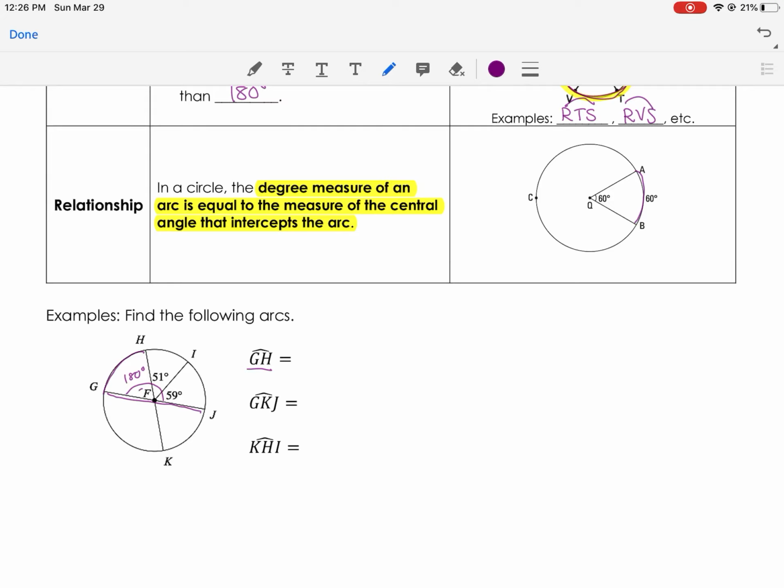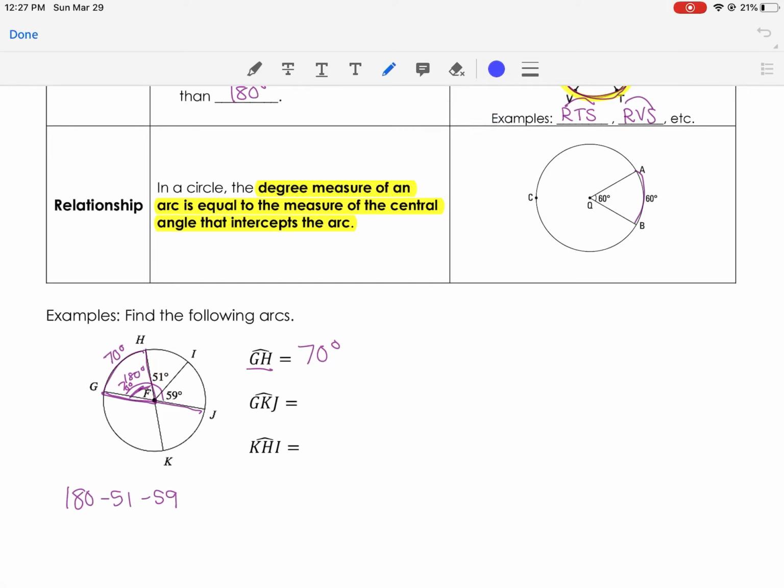So if I wanted to find that angle over here on the left, I'm going to do 180 minus the 51 and minus the 59. When I do that, I end up with that angle over here on the left is 70 degrees. And if GFH is 70, that means that arc is also 70 degrees.